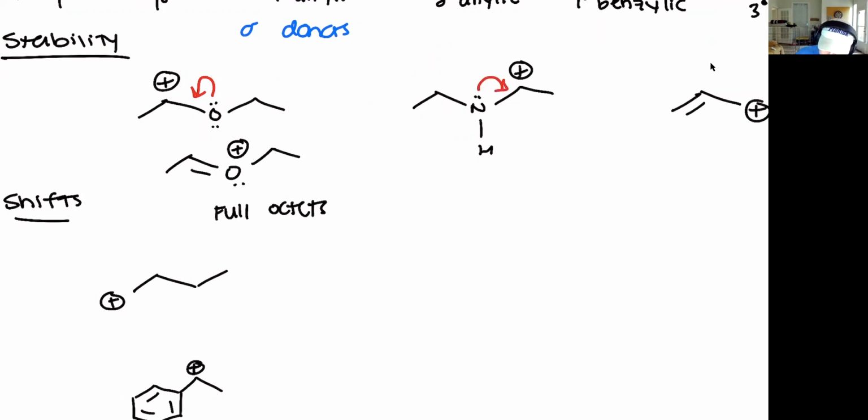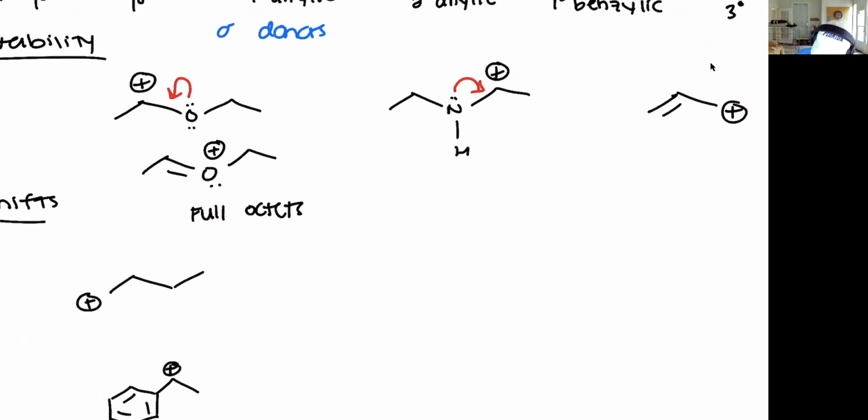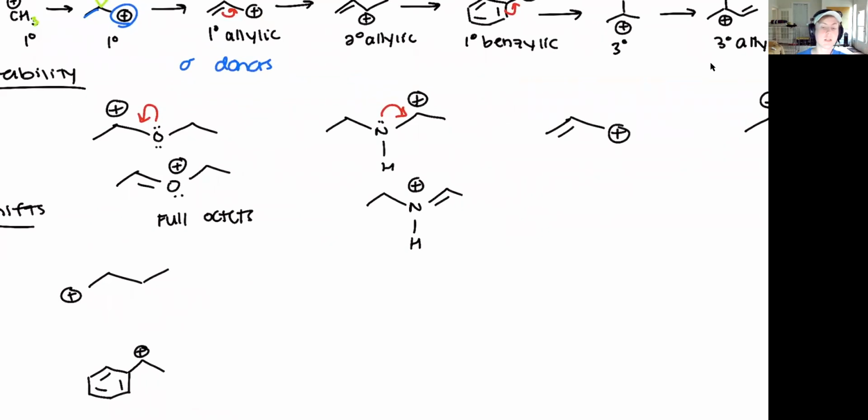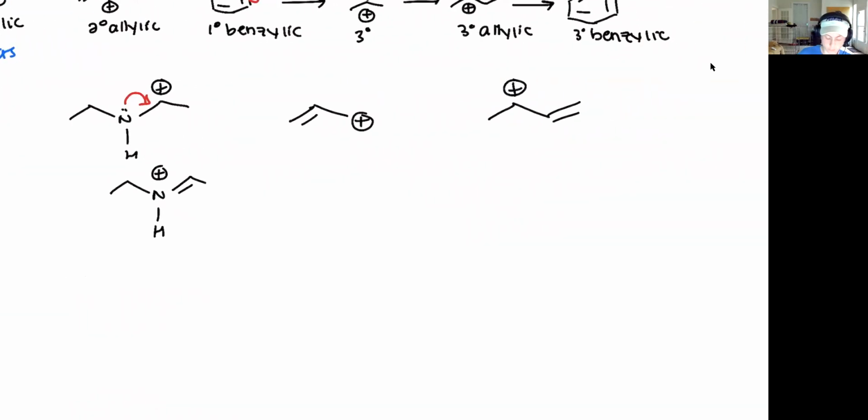We can resonate that in and create a structure that has full octets. Again, positive charge. So that is going to be infinitely more stable than these second molecules, even though they have resonance, they are allylic, they will never have a full octet.